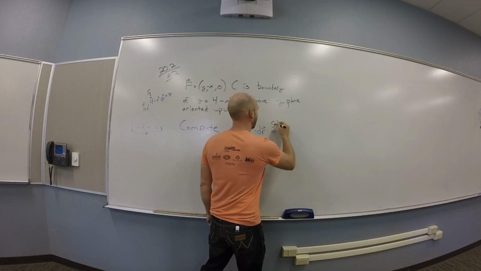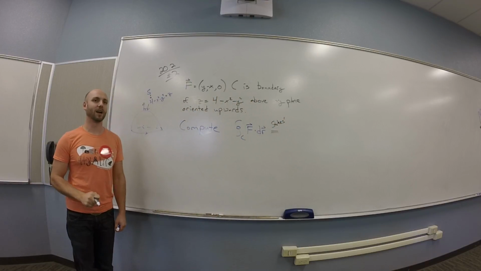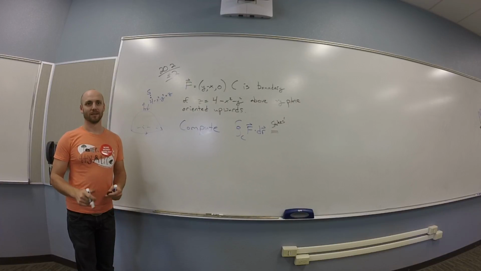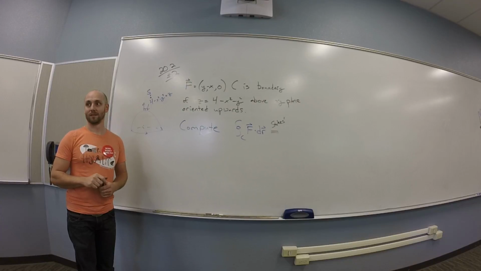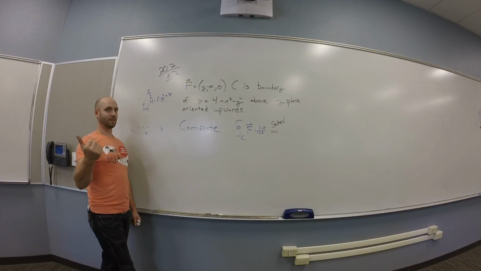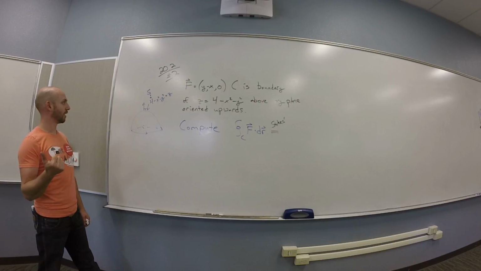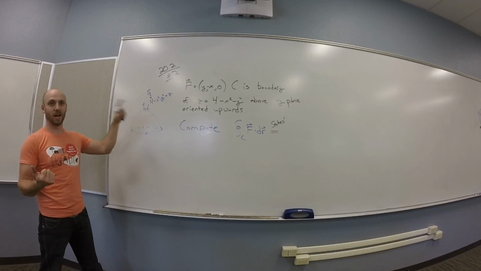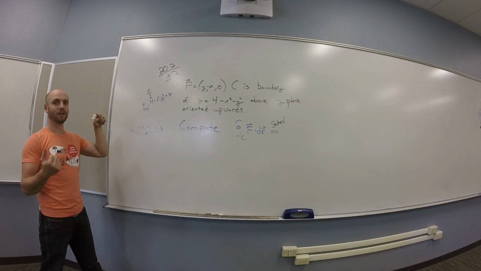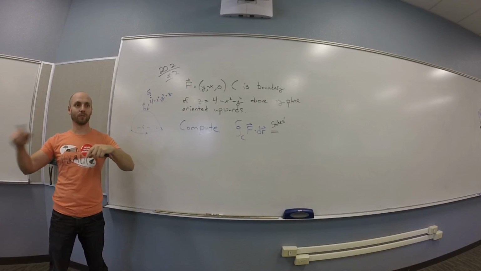Okay, so Stokes has a whole lot of assumptions. So what do you need to check? The surface is a piecewise smooth orientable surface with an oriented boundary curve C. So I need to make sure that my surface is orientable and smooth. Check, check, it's a paraboloid. I need the boundary curve to be closed, simple, piecewise smooth.